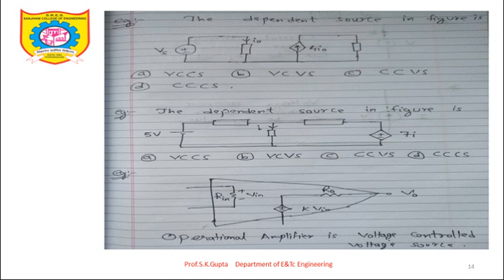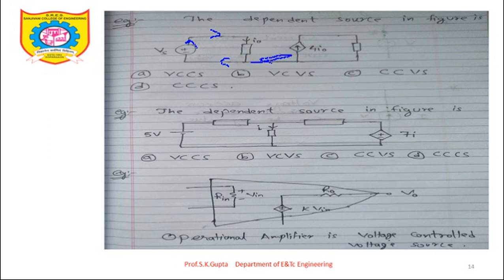In other words, according to Kirchhoff's current law, I0 current is coming from here, so the I0 current should flow here also. Then only here I will get I0 current. That's why no current will flow in this ground path.